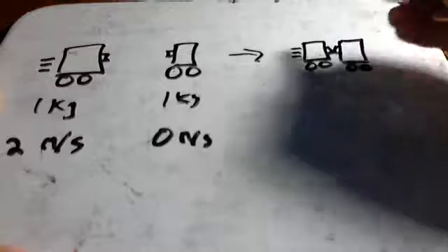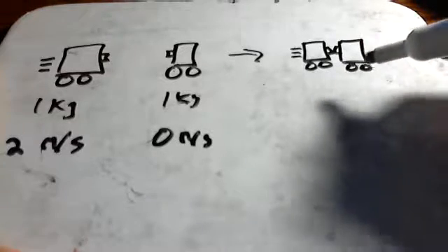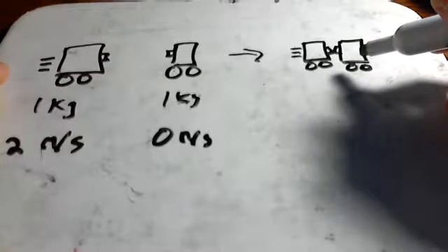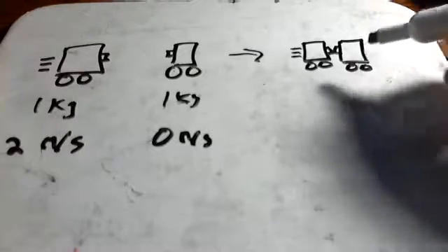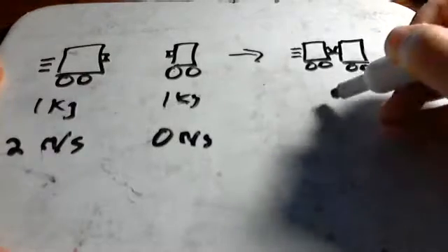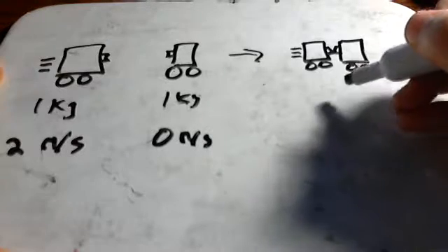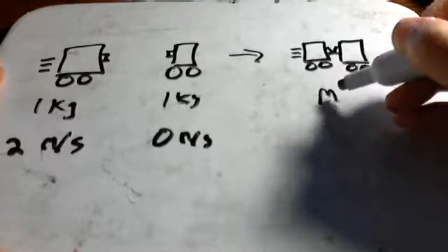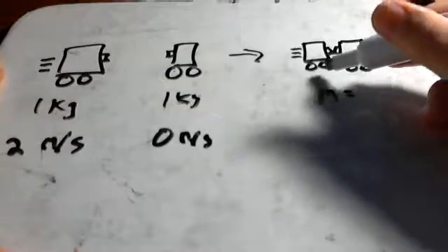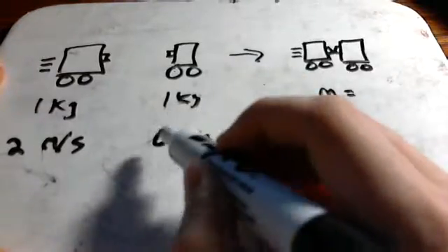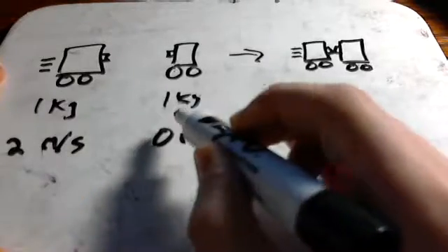And now, well, now we don't have two objects, we only have one object. But we still need mv, right? Because we've got to look at the change in momentum. Well, what is m? How many carts do we have? 2 carts. What's the mass of each cart? 1 kilogram each, right?